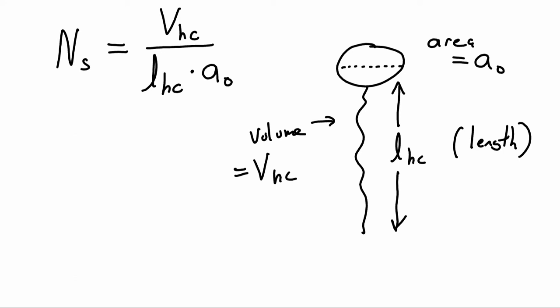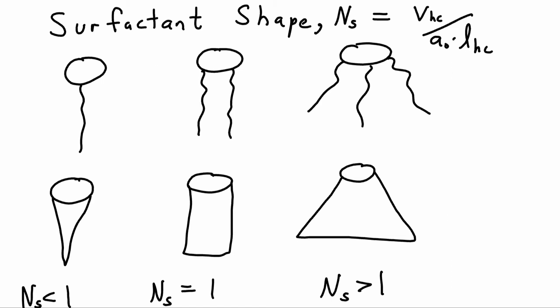Let's look at surfactant numbers for several different shapes of surfactant. If we return to the three shapes of surfactants we mentioned earlier, in the case of an ice cream cone shaped surfactant molecule, we divide the volume by the cross-sectional area and the length. What are we doing?